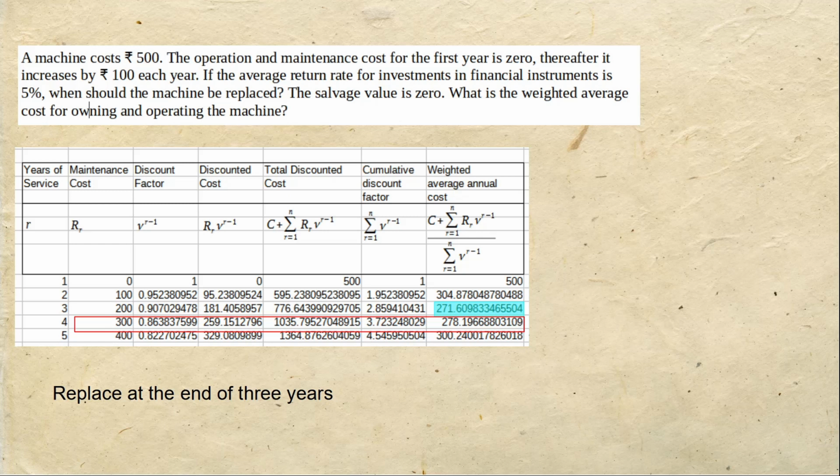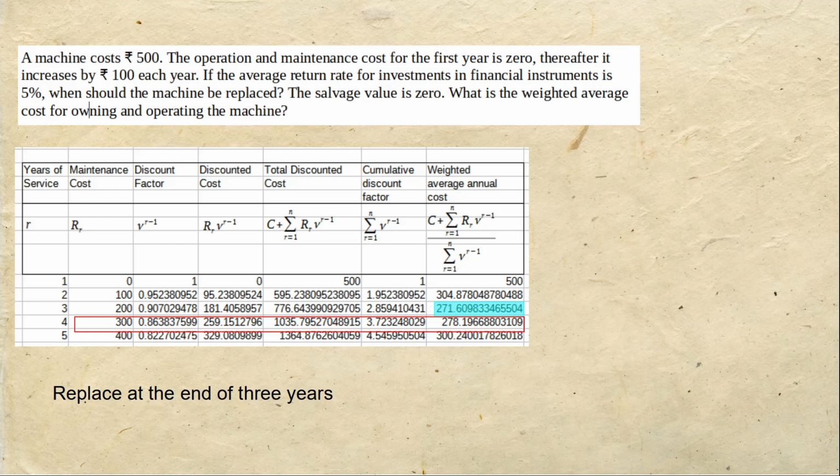Now, column number 6 is nothing but the cumulative discount factor, which is nothing but you add column number 3 cumulatively. 1 plus 0.95, that makes it 1.95, and 1.95 plus 0.90, that makes it 2.85, and so on. Now, we calculate the weighted average cost as per the formula given. So, what do we find here?